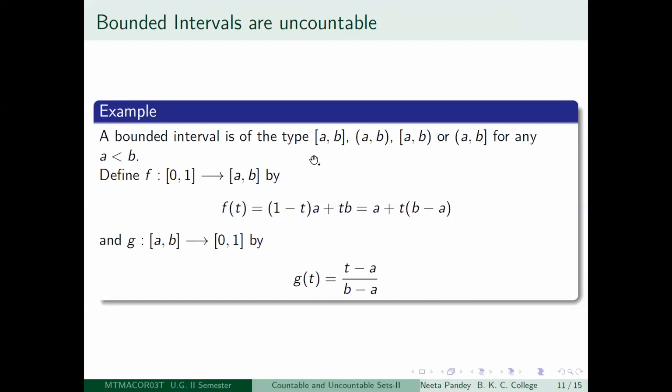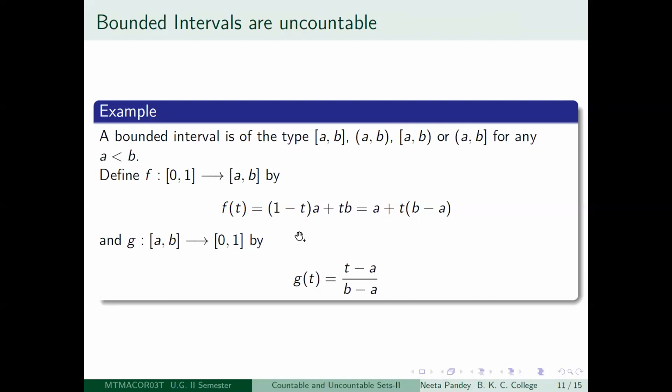All we will show is that these bounded intervals are of four types. You take any a less than b, you will either get the closed interval or the open interval or the two semi-open intervals. So these are equipotent with similar type of intervals with endpoints 0 and 1. That is what I want to show, and that is going to be very useful to us in various contexts.